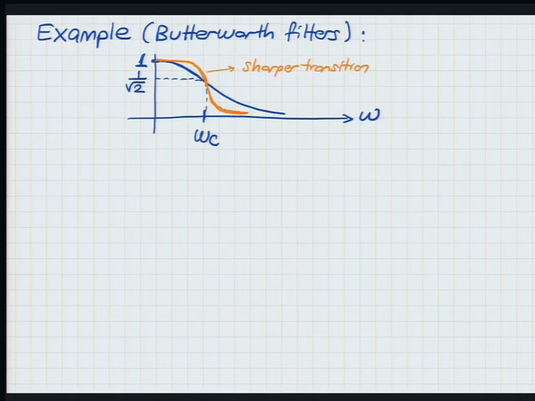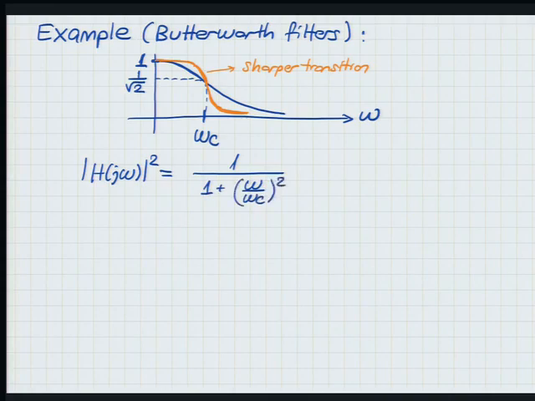Okay, so what makes Butterworth so smooth? Well, the Butterworth filter is one whose frequency response is given by this. At least the square of it is 1 over 1 plus (omega over omega c) raised to the power 2n. Okay? So that is the Butterworth frequency response.